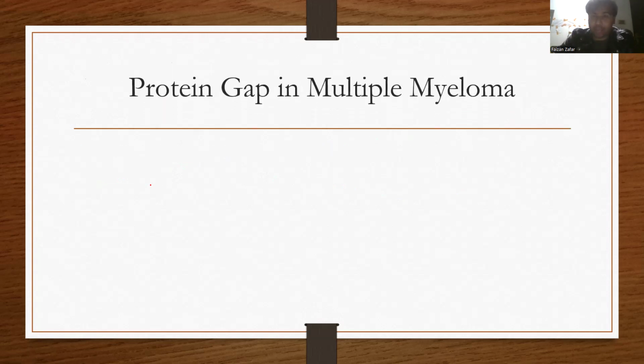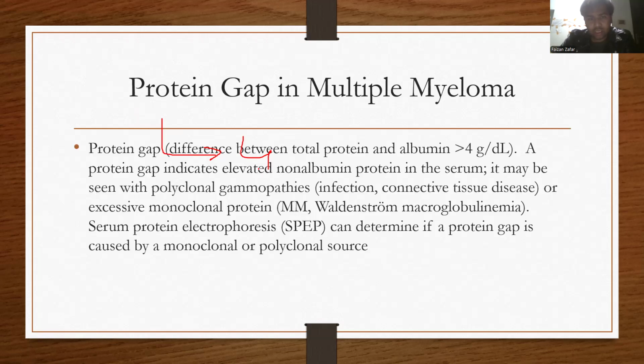Okay, the protein gap in multiple myeloma is elevated, more than 4. So what is a protein gap? The protein gap is basically the difference between the total protein minus albumin, right? A protein gap means that the non-albumin protein is elevated, and that non-albumin protein is immunoglobulins. That is very important.